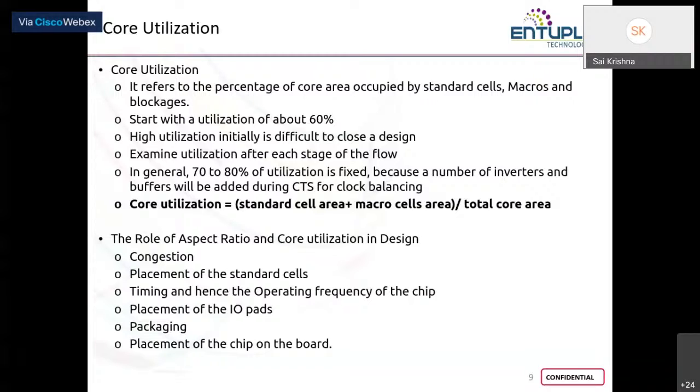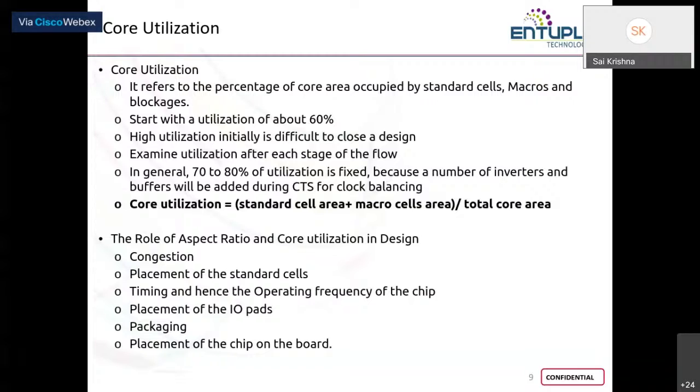So for placing your macros and your IO, whatever is the core utilization that you mentioned. Here, one important point is there are two types of utilizations. One is standard cell utilization and the other one is core utilization. As you can see here, core utilization is the standard cell and macro area to your total core area.